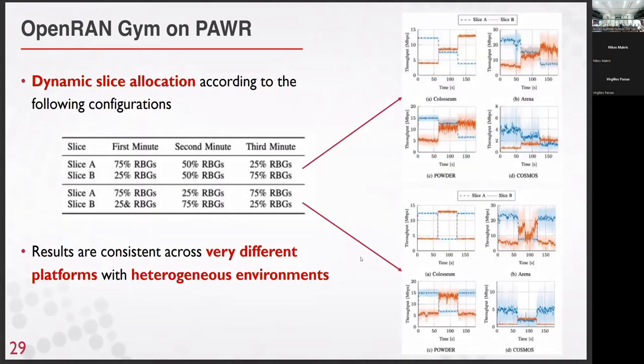So these are some slicing-based experimentations that we have done. This is dynamic slice allocation. This is showing you two different slices working in multiple different environments on Colosseum, Arena, Powder, and Cosmos.